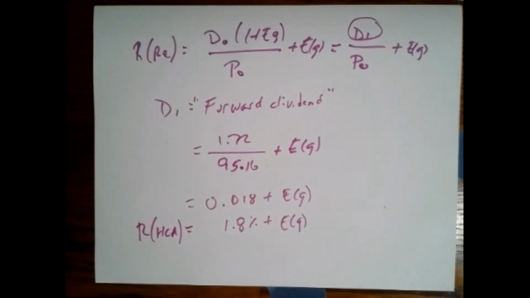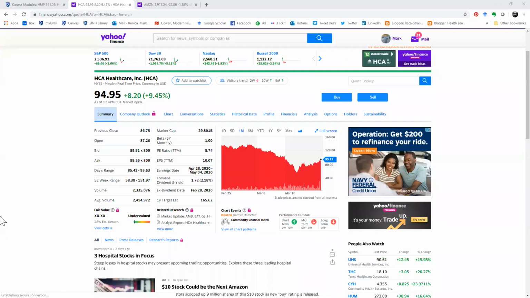Now, a quick and dirty way to estimate what the market thinks, and I won't hold you accountable for this, but I'll share this with you as a general knowledge point.